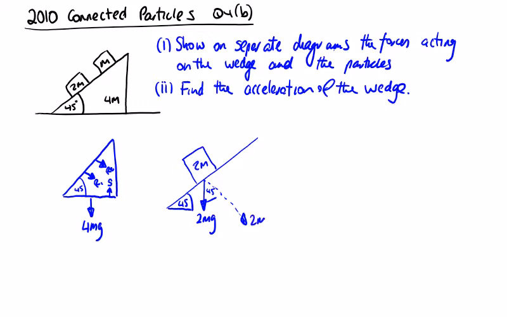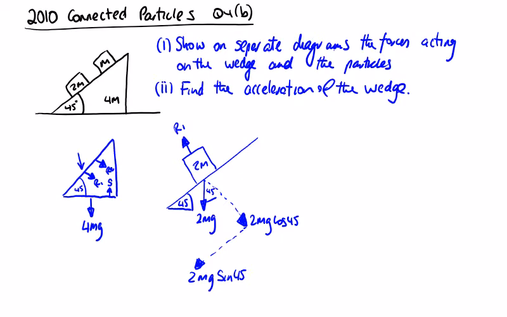So we have 2mg cos 45. And coming in this direction, parallel to the slope, we have 2mg sine 45. We have R1 coming this way. This is the one on the lower side, this R1 here. And that's the forces. We don't need to solve them or work anything out yet.